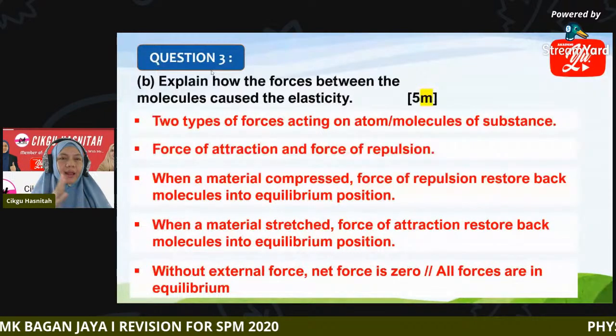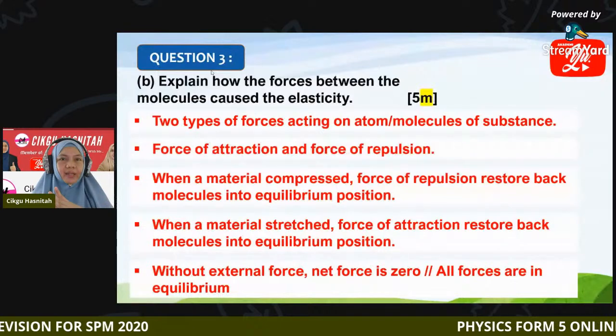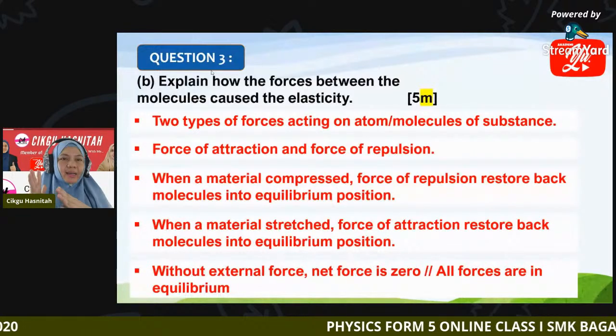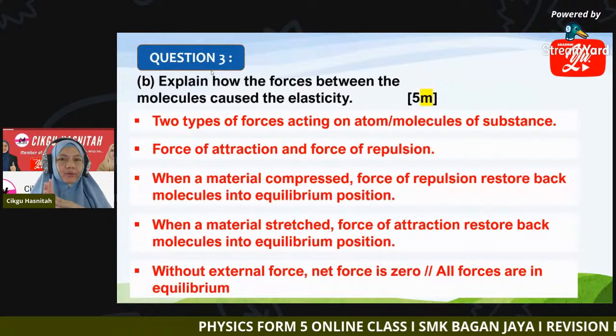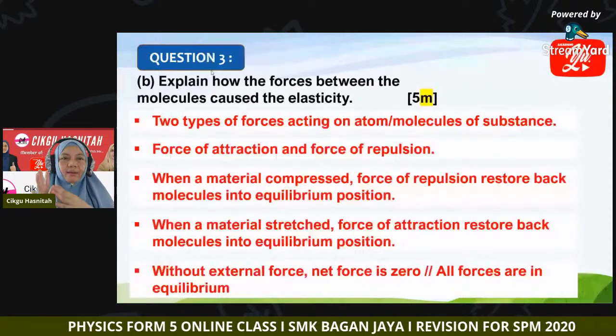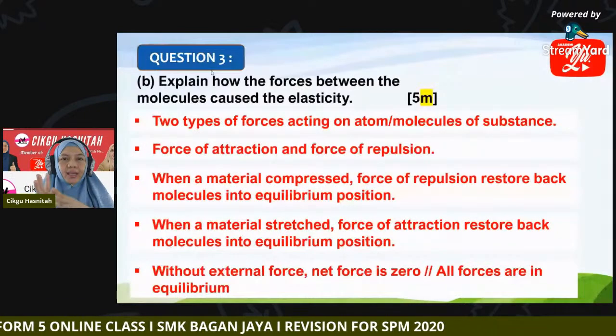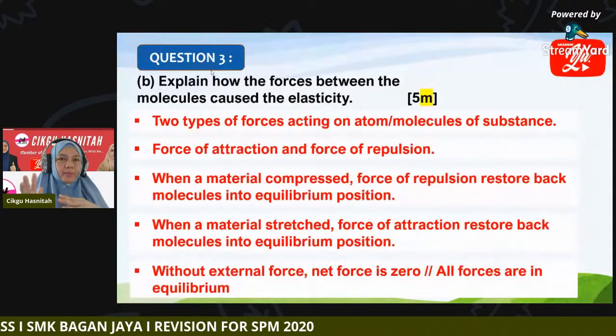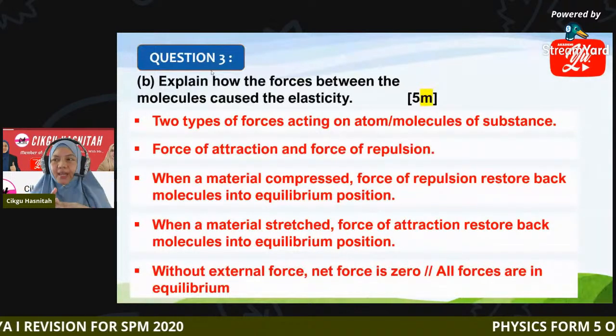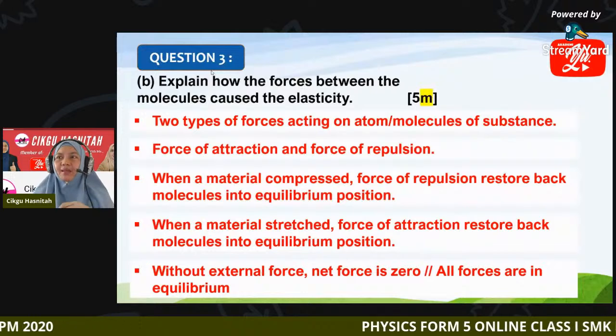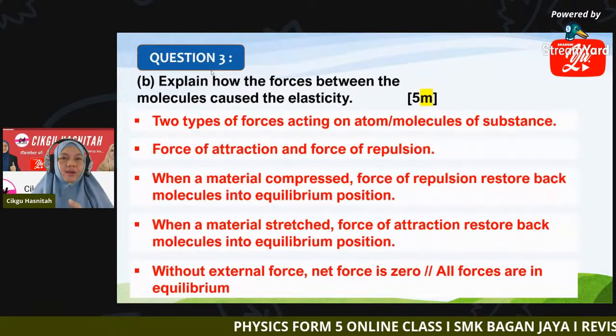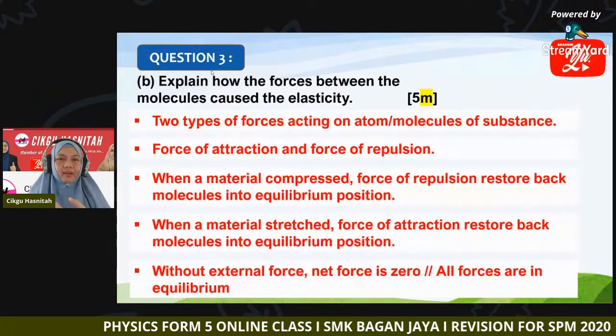And last but not least, the net force is zero, where the molecules are in equilibrium position. All right, this is how we explain the elasticity of a material.